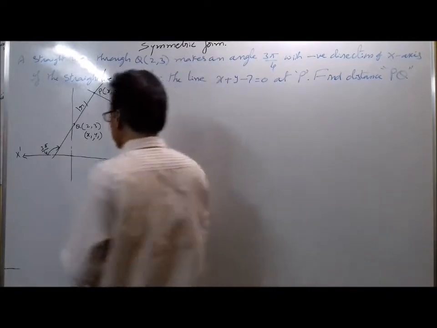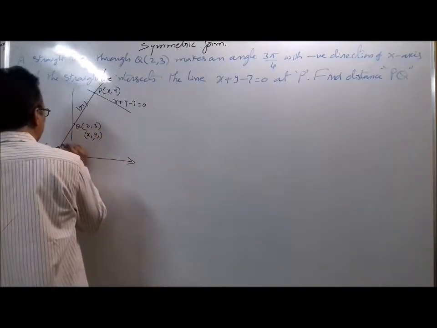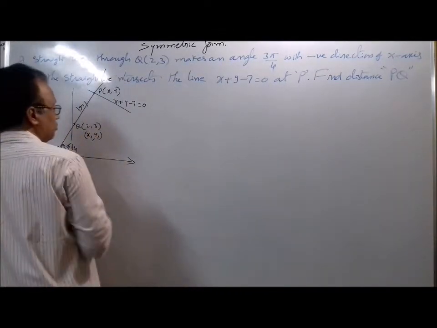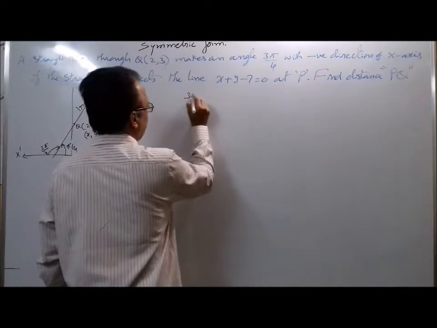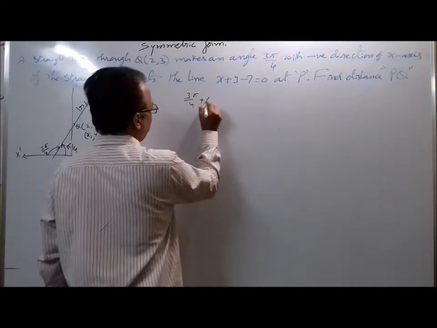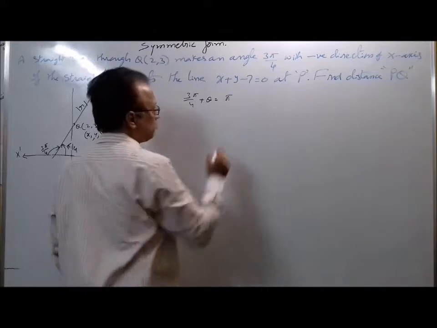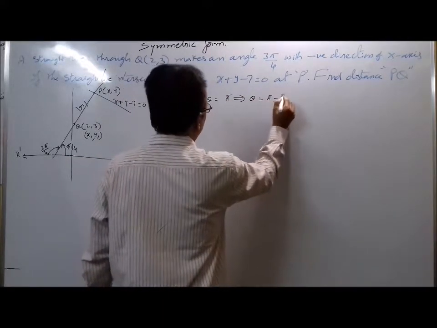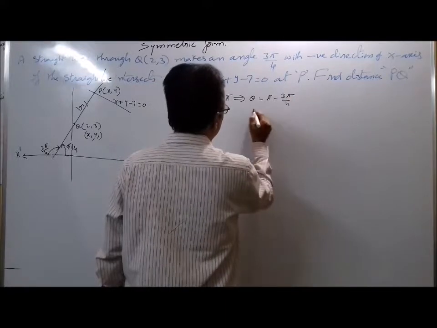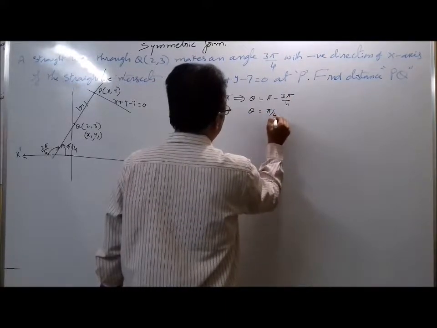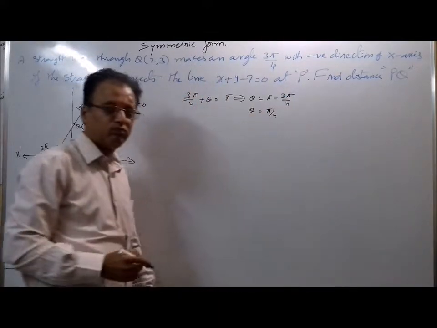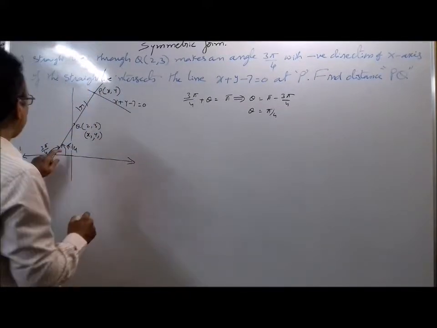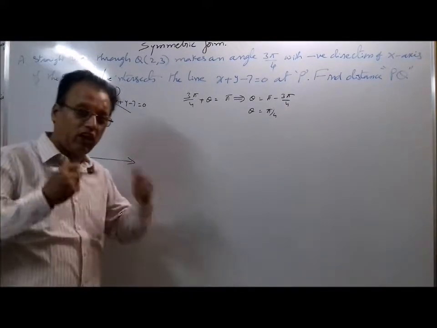So this angle will be pi by 4, because 3 pi by 4 plus theta is equal to pi. So theta is equal to pi minus 3 pi by 4, that is theta is equal to pi by 4, 4 pi minus 3 pi, right? So now this positive direction of the x-axis we got now.